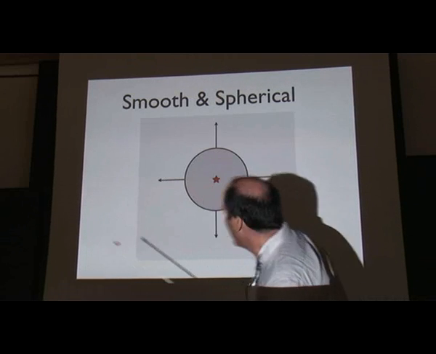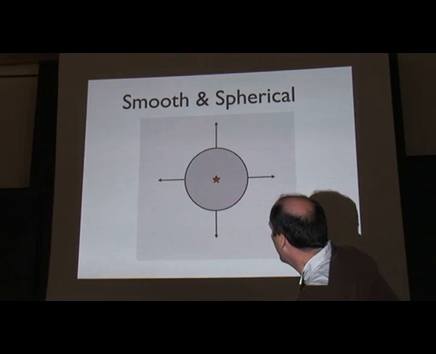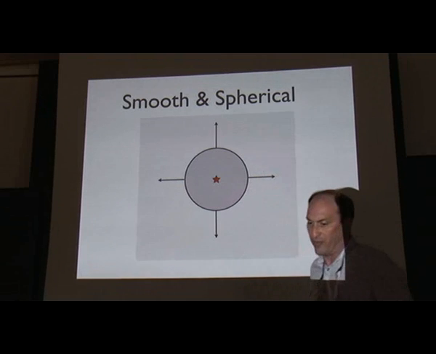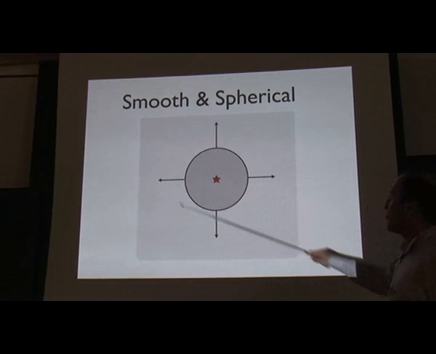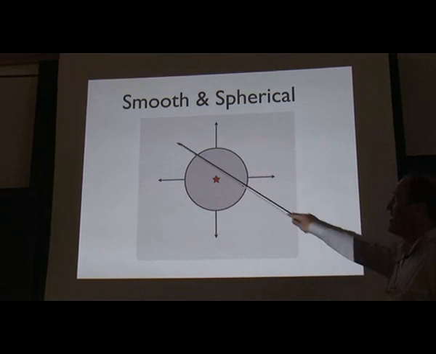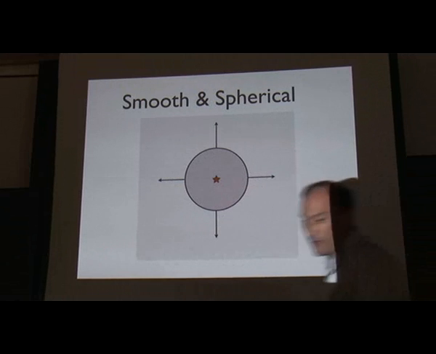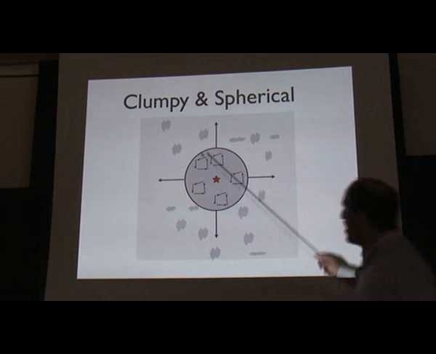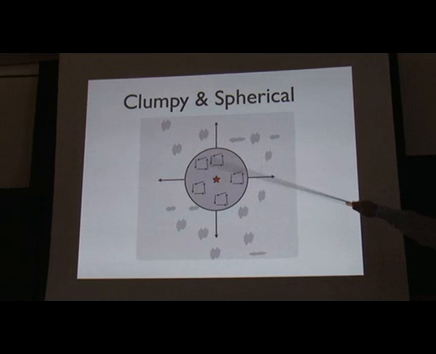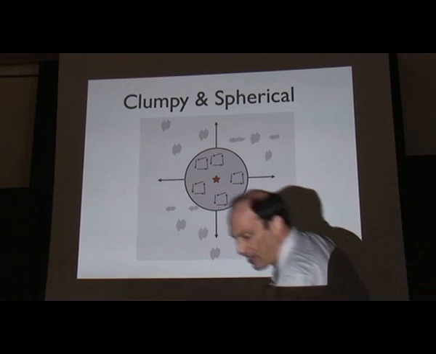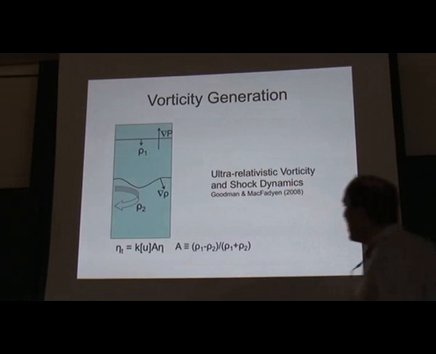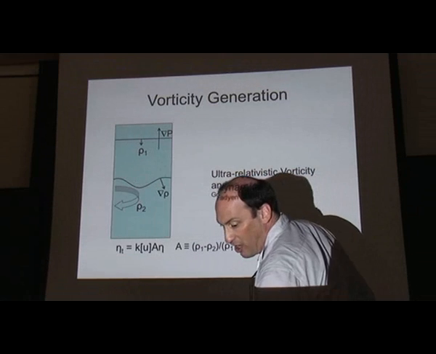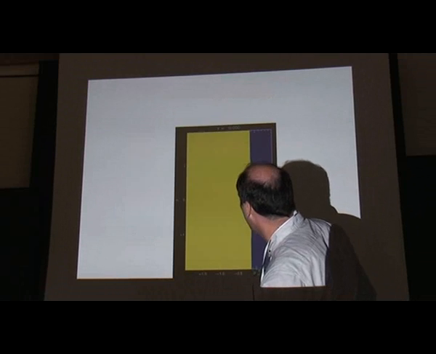I'll have to quickly just say that we're motivated to study the amplification of magnetic fields, because this is a very simple model that you have a spherical shock in a constant density or smooth medium. In reality, we expect Wolf-Rayet winds to be clumpy. So as the shock crosses these clumps, it generates vorticity. And the idea is that that vorticity winds up any seed magnetic field and amplifies it. It's a very simple process. And the idea is that we know the growth rate of shocks that are hitting clumps.